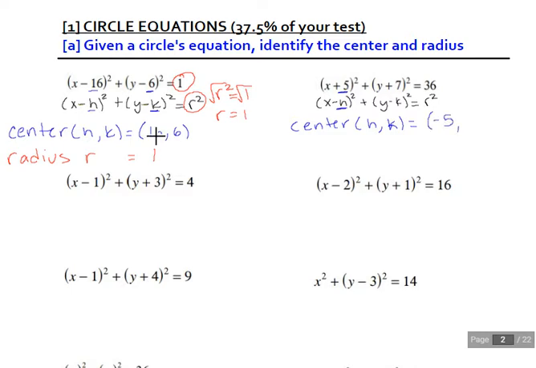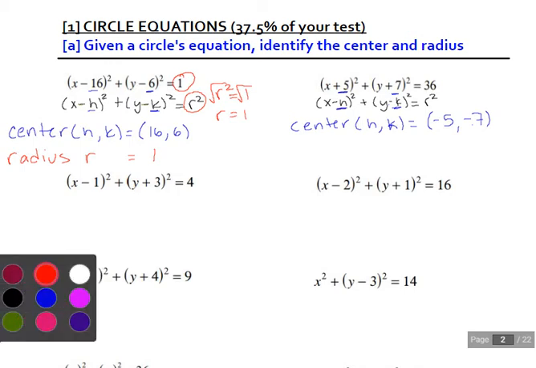Our k value does the same thing, and so we're looking at negative 7. And again, your teacher might have presented this in a different way. They might have you just think about the rule that you reverse the signs from the formula to the center. But the reason that happens is because you have a negative from the formula and a negative 5, making your positive 5, a negative from the formula, a negative from the number, producing that positive 7.